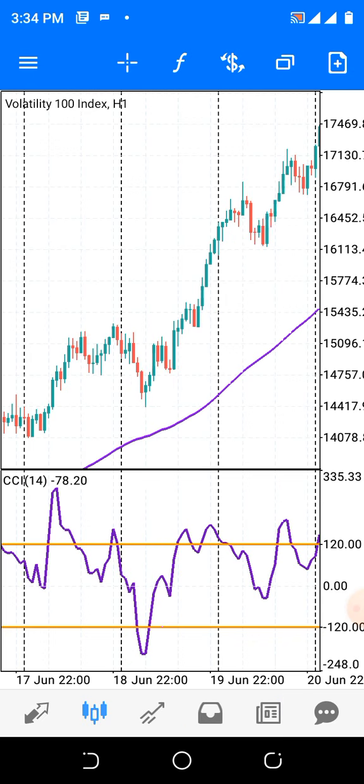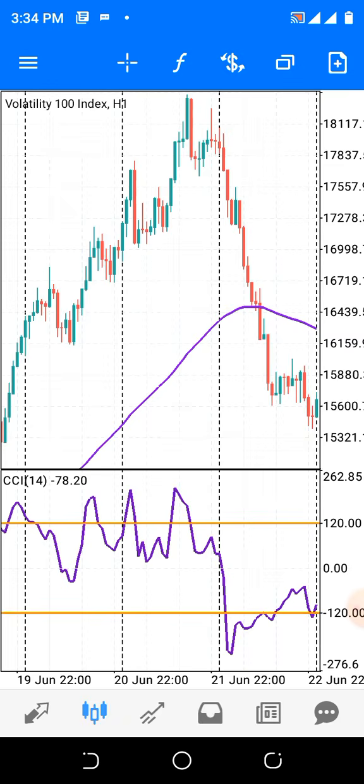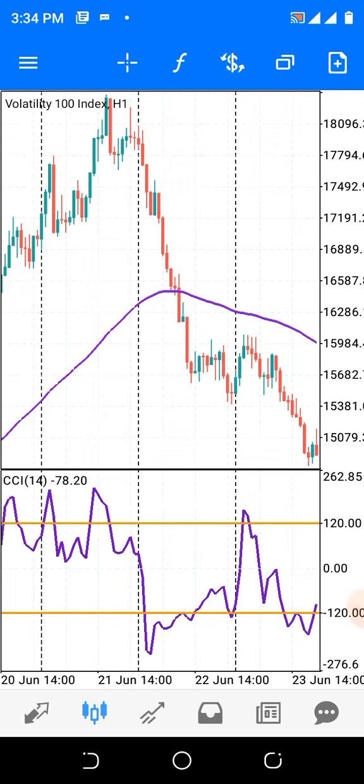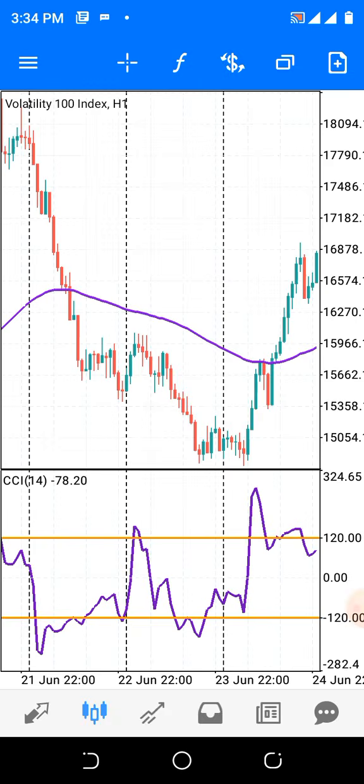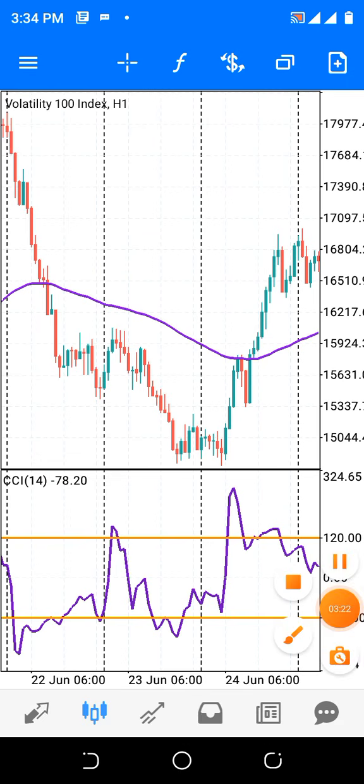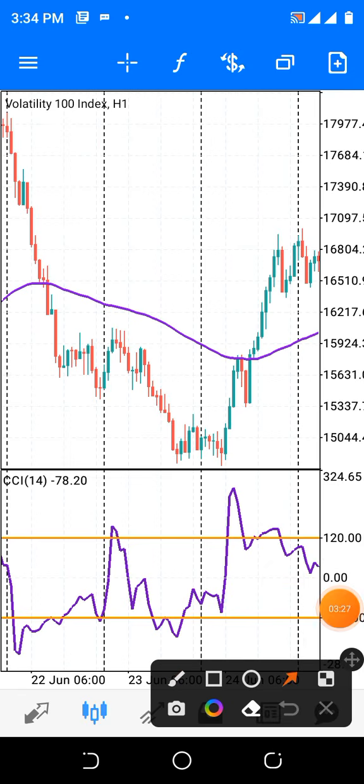Watch here now. You will see that the market has changed direction. The market is in downtrend. So what we will be doing now is to look for sell positions. When the market is in downtrend, you will look at the CCI when it touches the upper horizontal line of it.